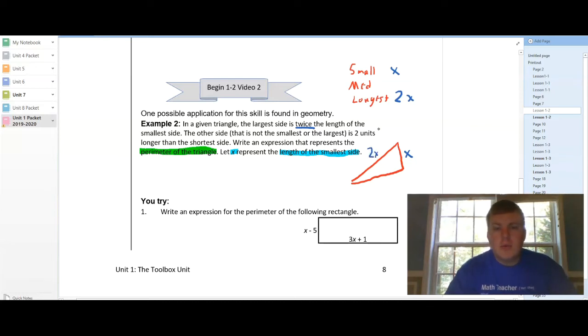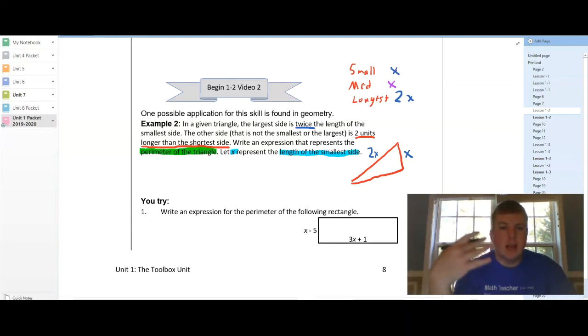And then that just leaves one more side that I need to figure out. The other side, which we called the medium side, was a little more wordy in its explanation: it is 2 units longer than the shortest side. So again, we're going to put this in terms of the shortest side. Our shortest side was x, and we need something that is 2 longer than that. If you think about how you would make something longer, you're going to be adding to it.